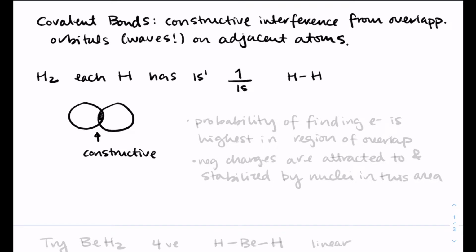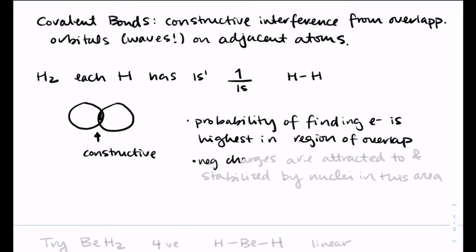So that's why even though we're going to start putting electrons together in orbitals and they have negative charges, we're getting a stabilizing effect, which is why the bond forms in the first place. So this seems fairly straightforward. We take the orbitals we have, we overlap it with the orbitals on the atom next to it. Beautiful, done. Of course, it's not that easy, but let's kind of show why.